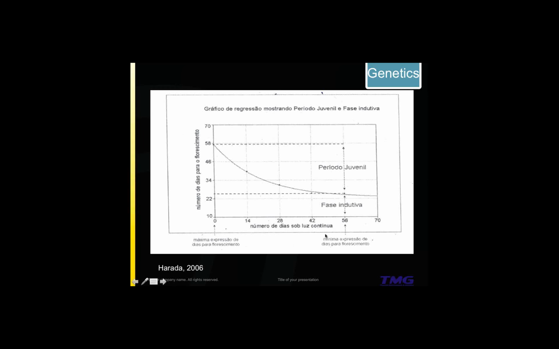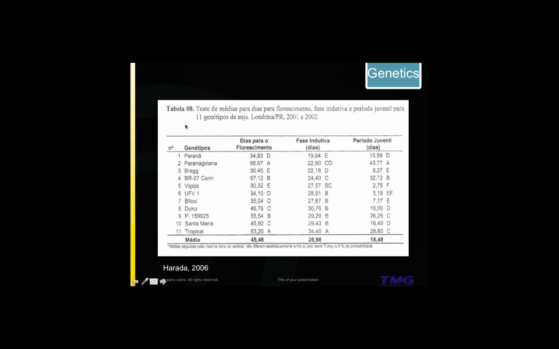Okay, so he did that, and he was able to measure for different genotypes here and come up with this. I apologize, it's in Portuguese, but I can translate here. These are days for flowering, the first column here, and the last column is the juvenile period.